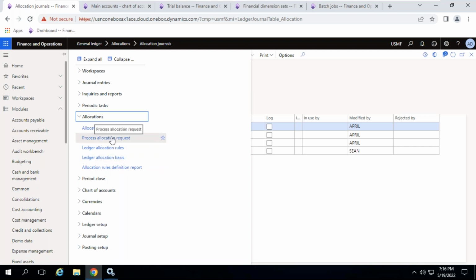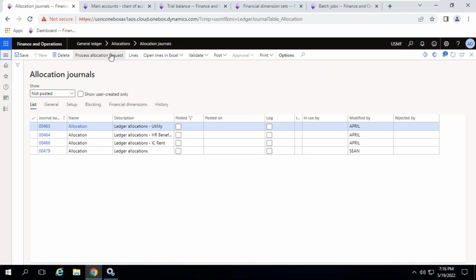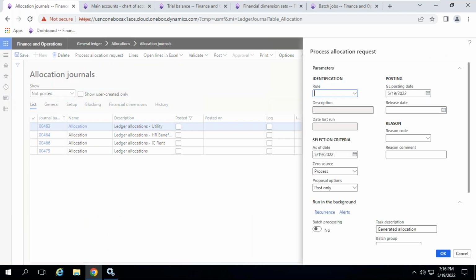And remember, this is not from date and to date. This is till date. Whatever transactions are there, all of them will be distributed, up to date. It is not from date and to date.